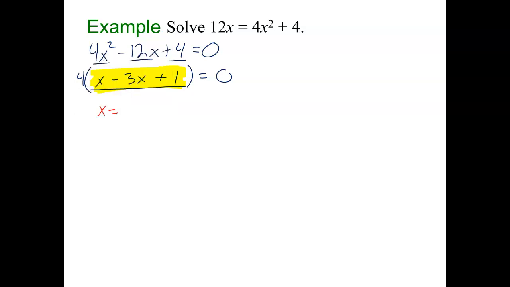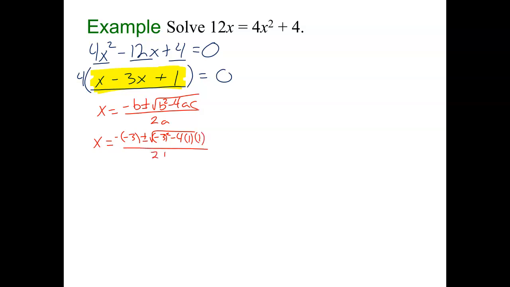So, x equals negative b plus or minus the square root of b squared minus 4ac all over 2a. What's my new b value? -3. -3 squared minus 4. What's my new a value? 1. What's my new c value? 1.